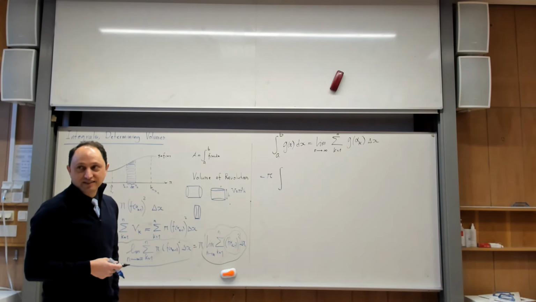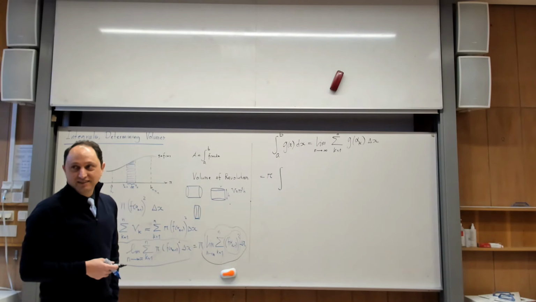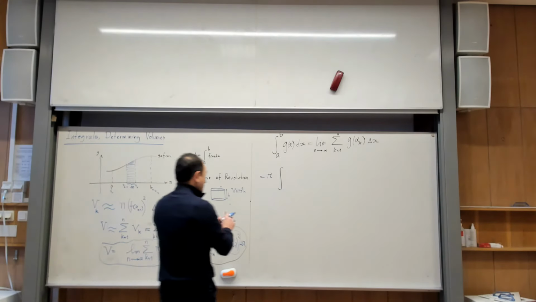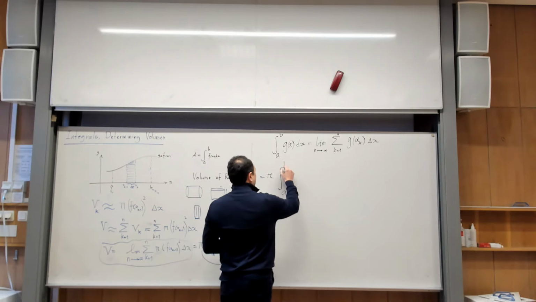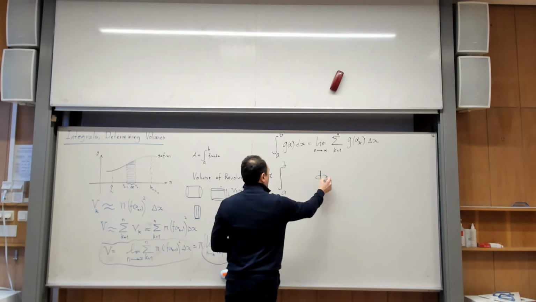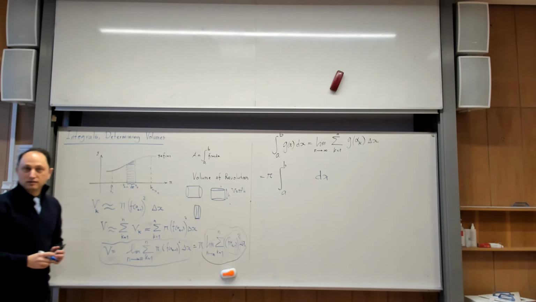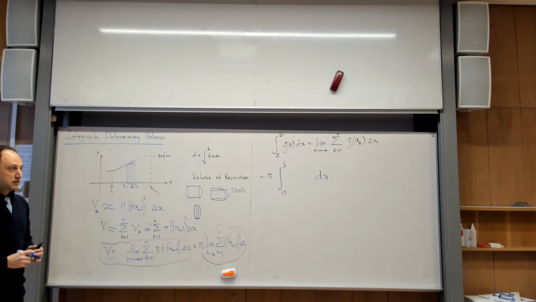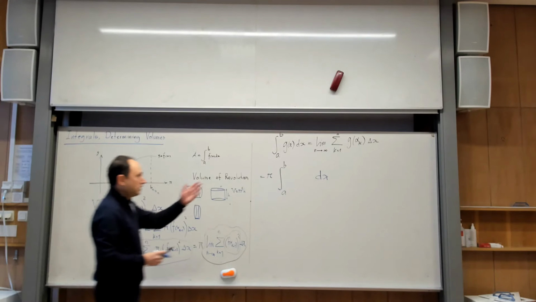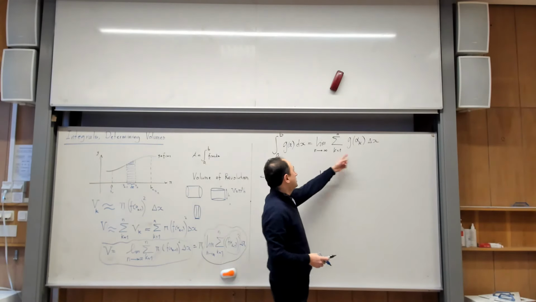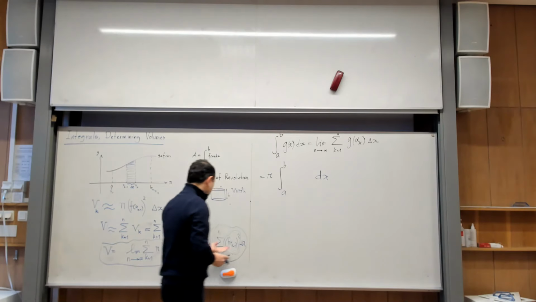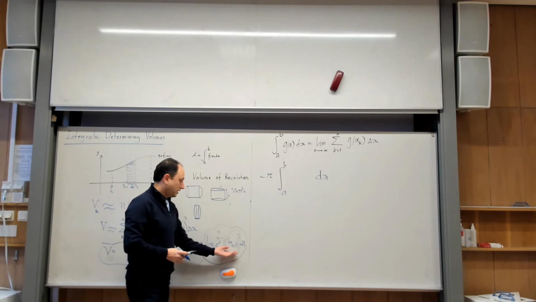From a to b, that's the same interval. And then dx. Then I'm waiting for you to fill up this gap. What is that? It should be g of x. Instead of alpha k, I put x, I write g of x. This is playing the role of your g of alpha k.